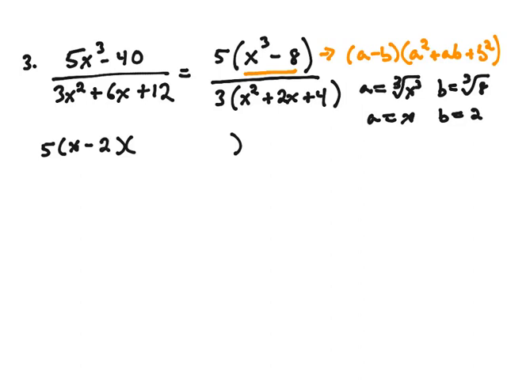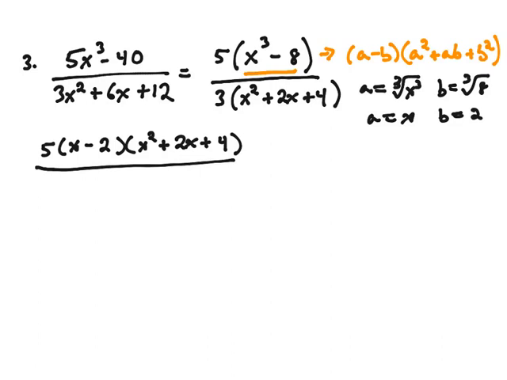And then we're going to replace a with x. So this is x squared plus ab, well, x times 2 is 2x, plus b squared, well, 2 squared is 4. That's what the numerator is going to look like when you substitute your a and b's into it. All right? Notice the 5 has been factored out. Don't forget the 5.